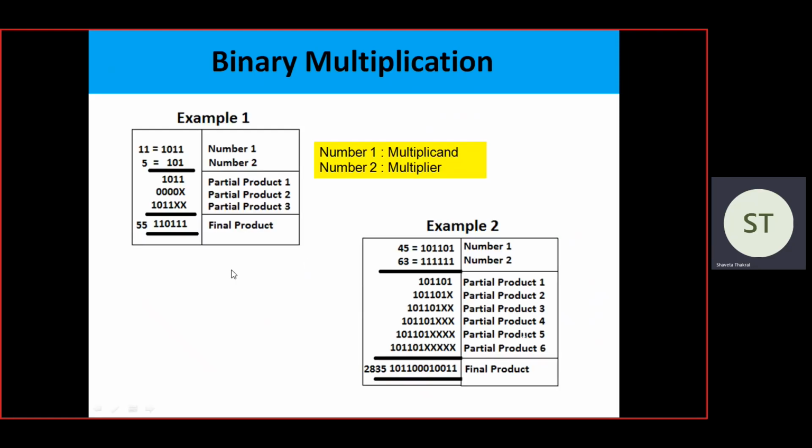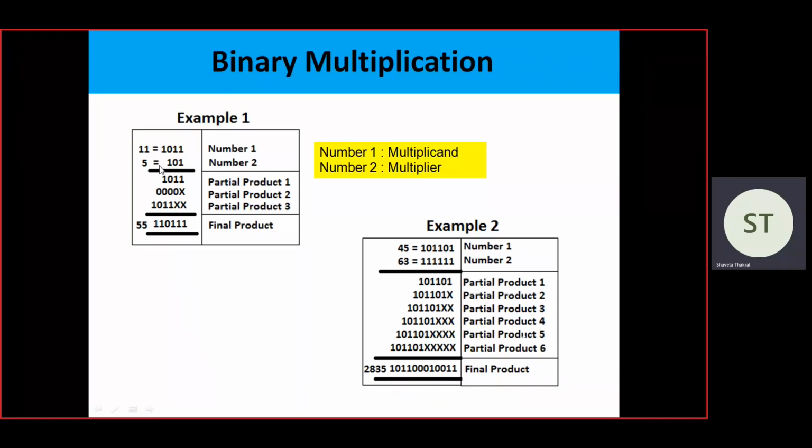So here we are taking two examples. In example 1 we are multiplying two numbers, that is 11 and 5, and the result should come out 55. When we are doing the binary multiplication, 11 is written in binary as 1011 and 5 is written in binary as 101. So how do we multiply?